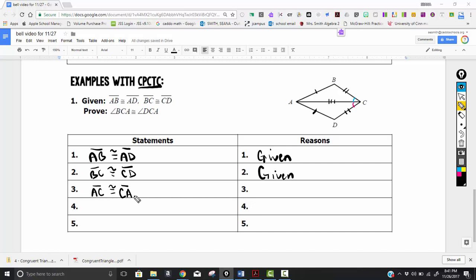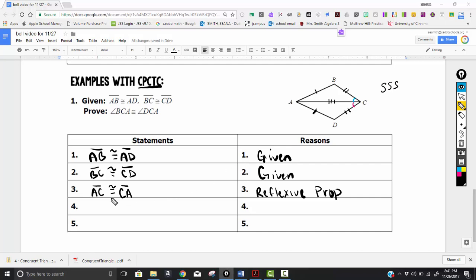So AC is congruent to CA. So I'm going to do that today so that y'all get used to seeing it flipped. And I told y'all they could write it either way. All right, so on number 4 at this point, I know that these three sides are congruent to these 3 sides, which would be which one on our congruency statement up above?